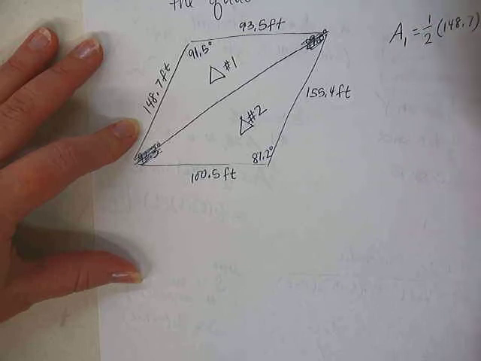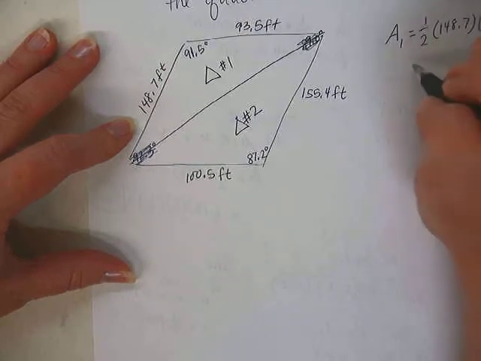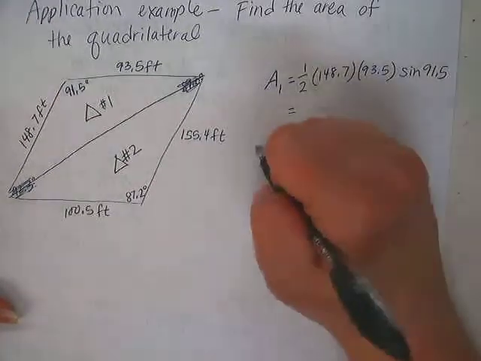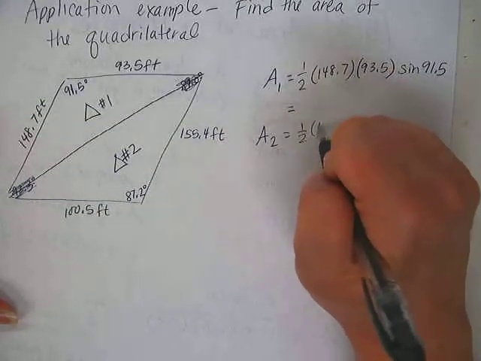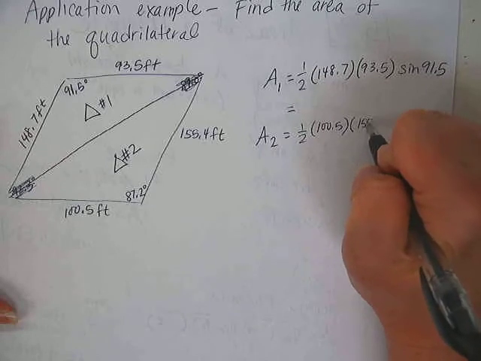Okay? All right, so let's call this triangle number 1 and triangle number 2, and then we'll add them together. So the area of triangle 1 would be 1/2 times 148.7 times 93.5 times the sine of 91.5.